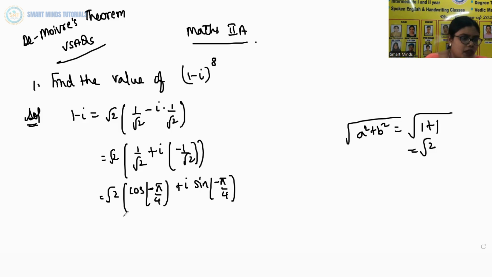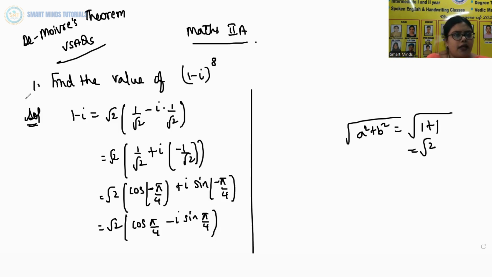Okay, so that is root 2 into cos of minus theta is cos pi by 4. Sine of minus theta is minus sine theta, so this minus will come out. It will become i sine pi by 4. Now after getting the value, we will raise it to the power 8.